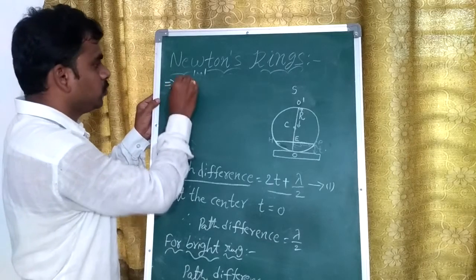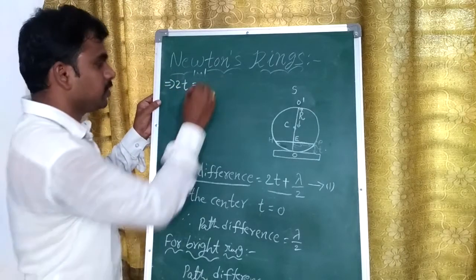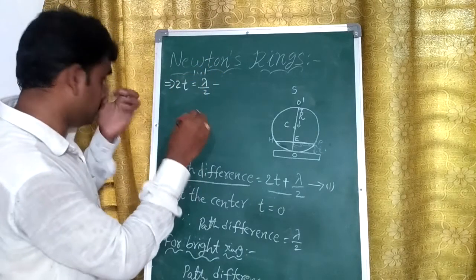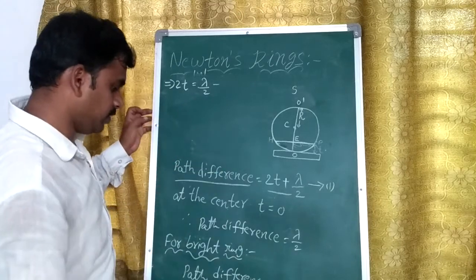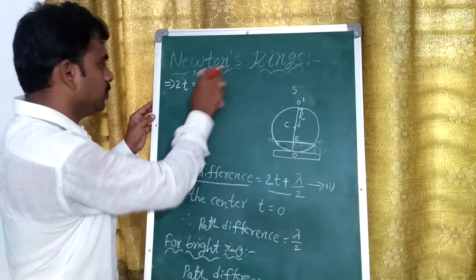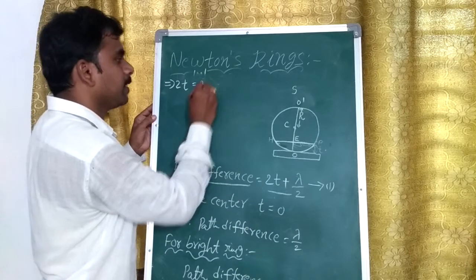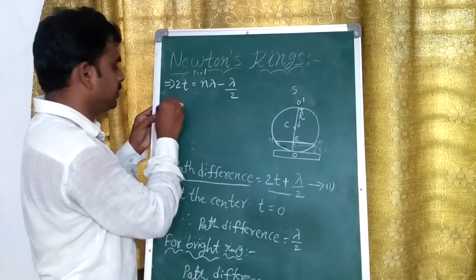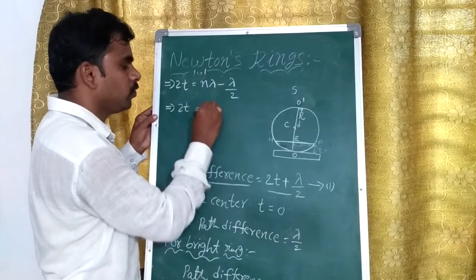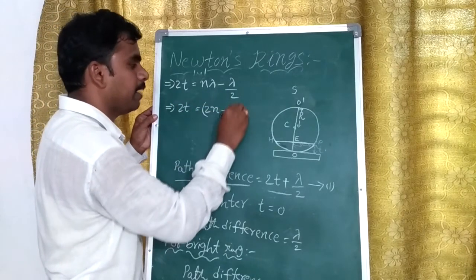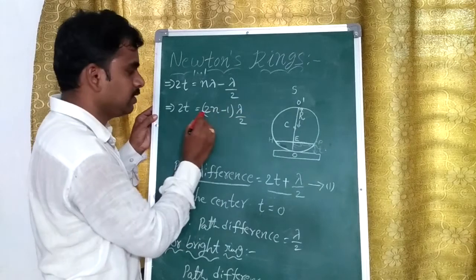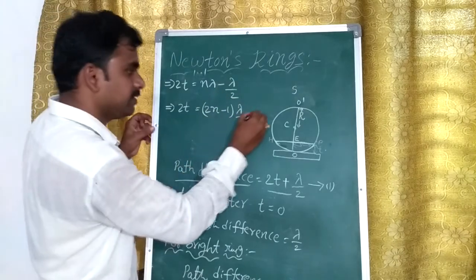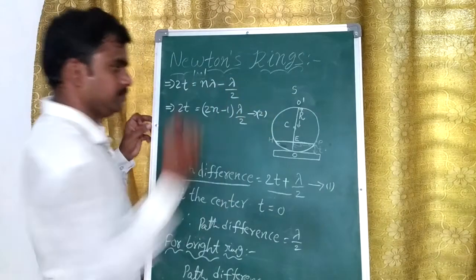That implies 2t equals n lambda minus lambda by 2. That implies 2t equals (2n minus 1) into lambda by 2. If you do the multiplication, 2n into lambda by 2, the 2 cancels, giving n lambda minus 1 into lambda by 2. This is called equation number 2.